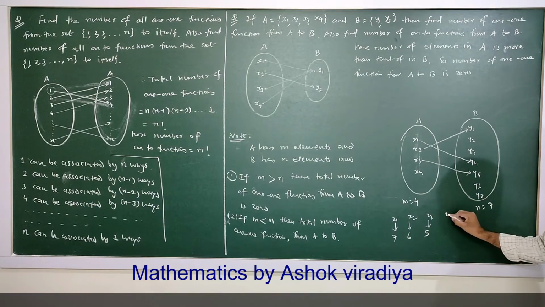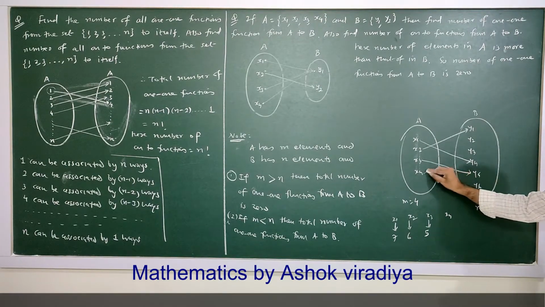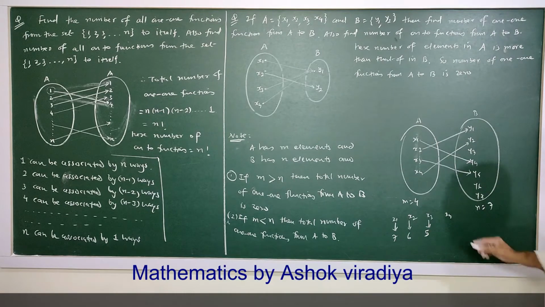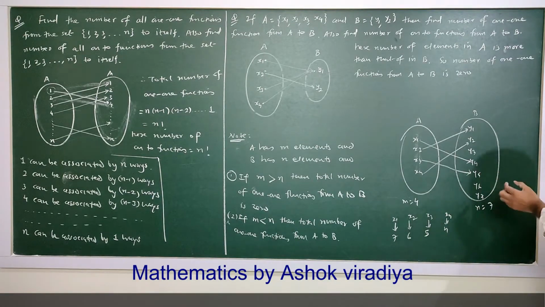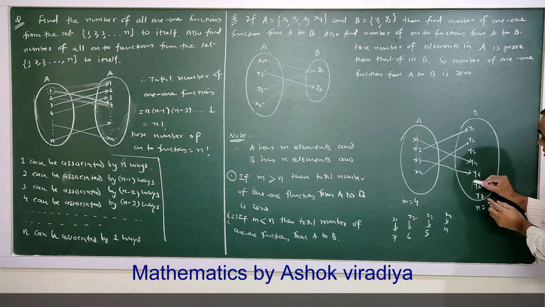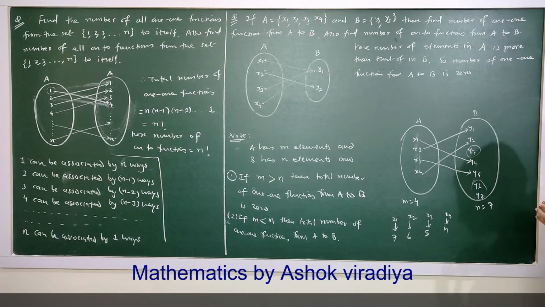Then x4 can be joined in 1, 2, 3, 4 ways. Suppose it is joined with y2 in 4 ways. See here, this is a 1-1 function. Obviously it is not onto, because these 3 numbers are not images.